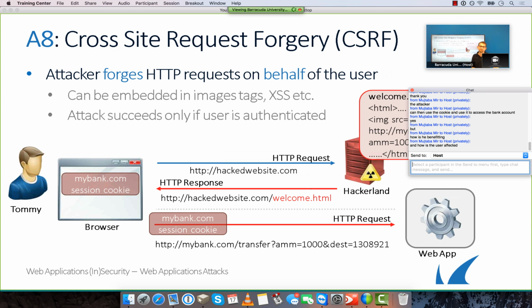This is the amount of money that we're going to transfer. The source account number is Tommy's account. So all of a sudden, 1,000 euros will move from Tommy's bank account to the attacker's bank account. But essentially, this is a valid transaction.